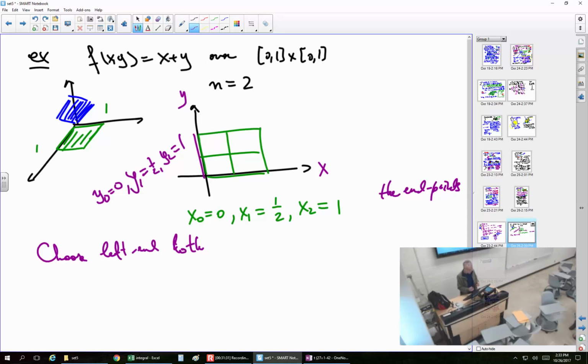It means that in each of the rectangles, I will be taking the bottom left corner as a sample point of this particular rectangle.